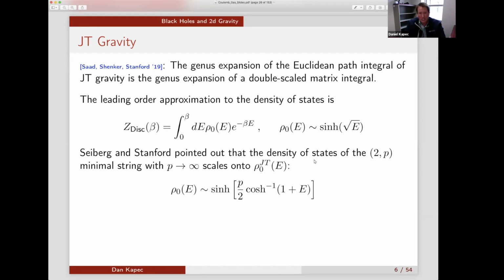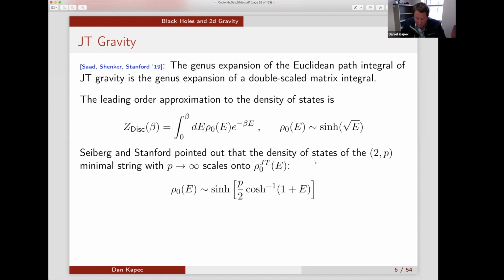And the point is that Seiberg and Stanford noticed that if you take the density of states for the minimal string, which is another class of two-dimensional gravity theories which are known to have matrix descriptions, and you take a particular scaling limit, so you send P off to infinity and you rescale the energy in a certain way, you will land right on the JT answer, okay?